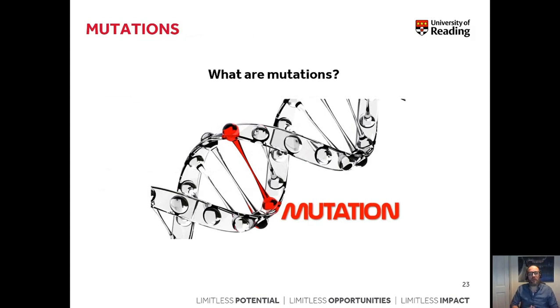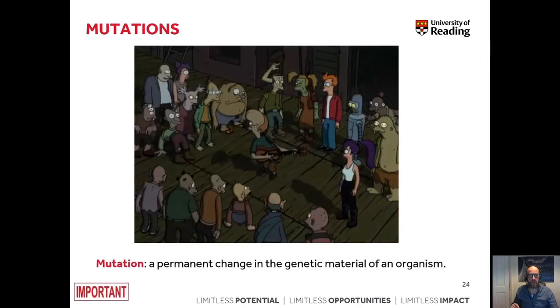So, what are mutations and how does the definition of the mutation look like? If you go on the web and look it up on Wikipedia, then you will find something like the definition provided here. A mutation can be defined as a permanent change in the genetic material of an organism.